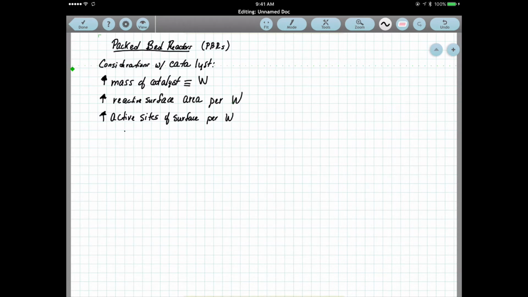The other way that we can talk about a catalyst is that we can also increase the reactive surface area per gram, per mass of catalyst, or we can also increase the active sites on the surface per mass of the catalyst. These are important considerations if you're thinking in the future to do research on catalysis.